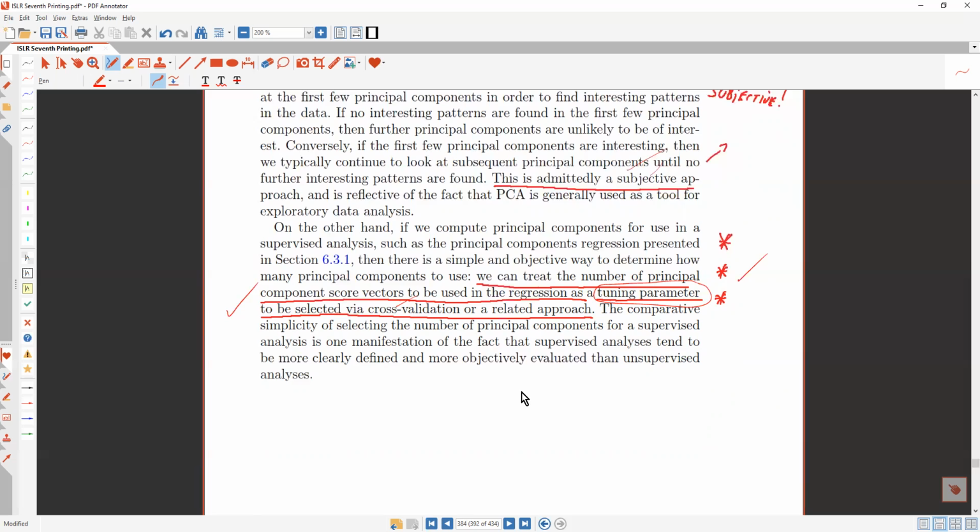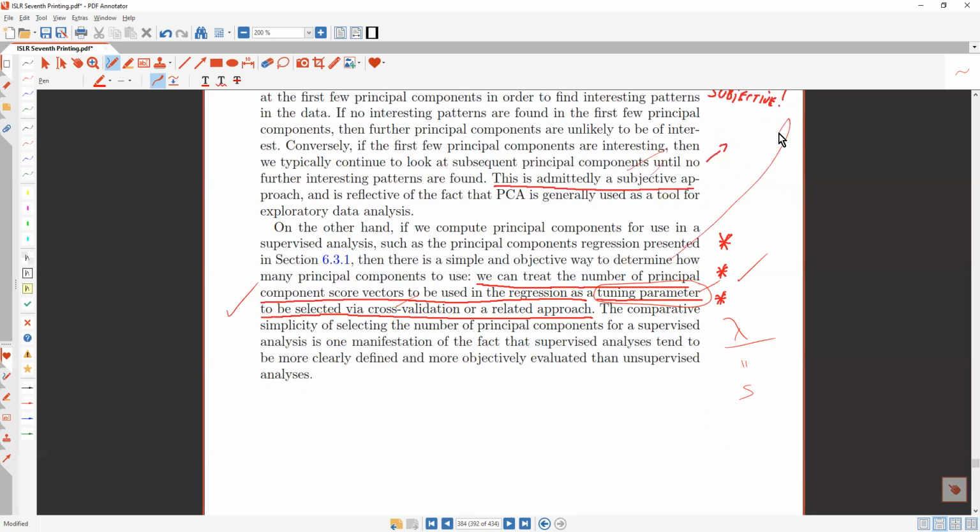Doesn't mean you're going to do this all the time, and you may rarely or ever do it. But remember, we talked about the tuning parameter lambda, equivalent to S, depending on the formalization of the ridge or the lasso we consider. Well, now we have potentially another tuning parameter. So if you want to minimize MSE, mean square error, in terms of your regression prediction, the number of components may actually be considered a tuning parameter.